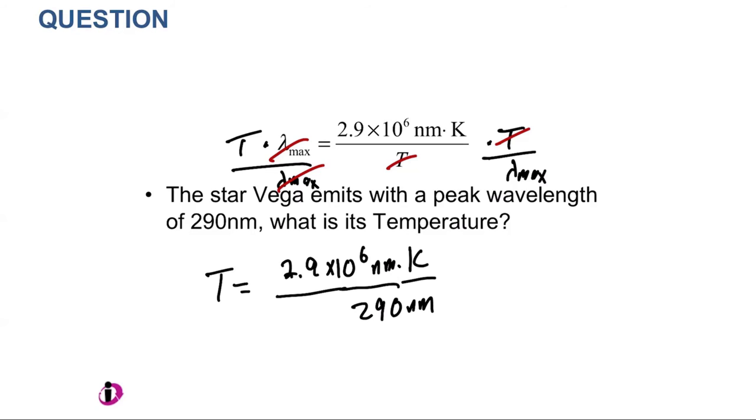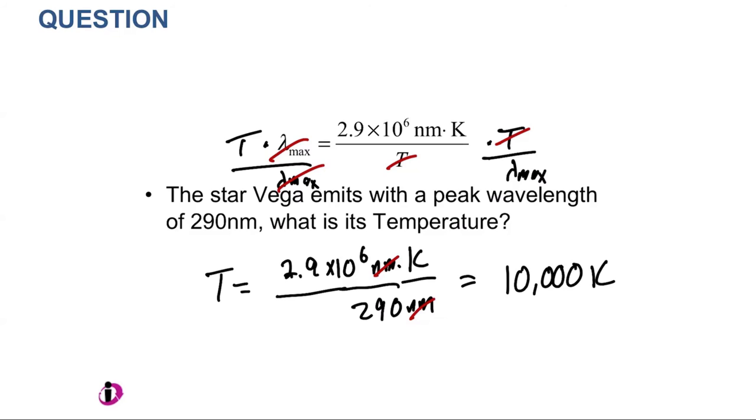Take 2.9 times 10 to the 6 and divide it by 290, and you're going to get a number that is 10,000. And what are the units? We've got nanometers canceling with nanometers, and the only unit left is kelvins. So the unit on this number is going to be kelvins.